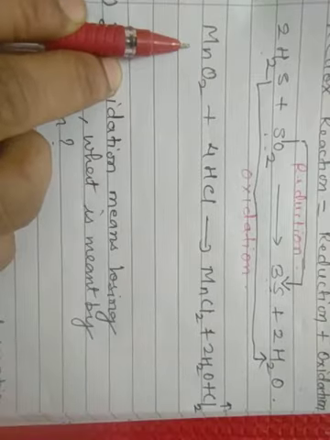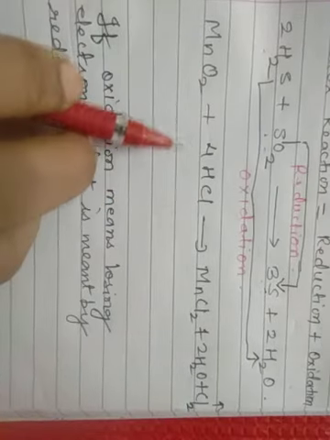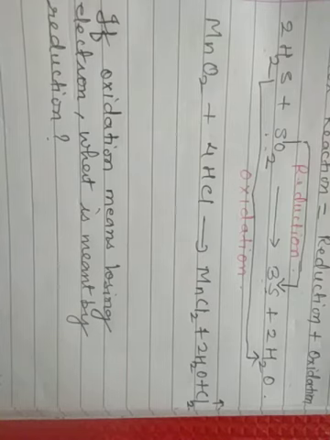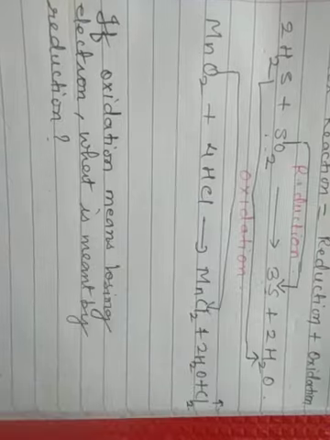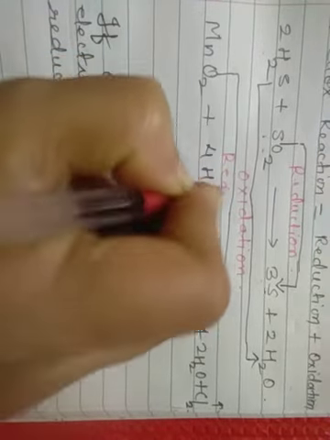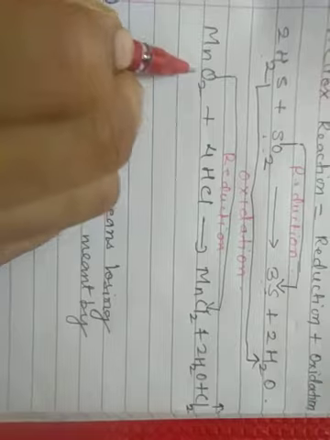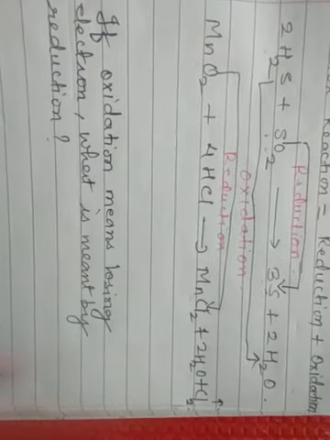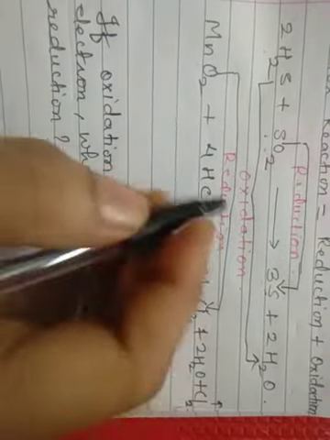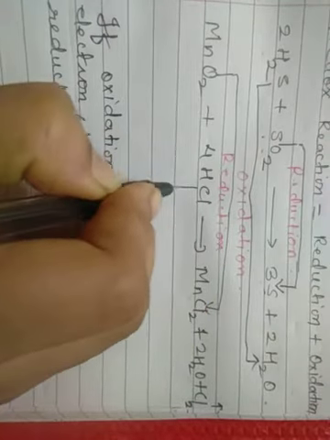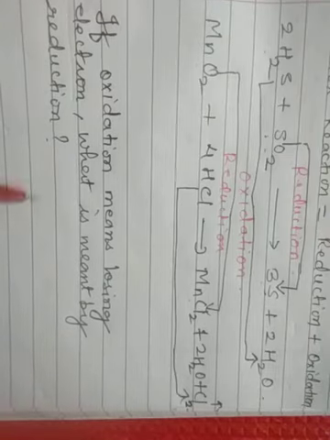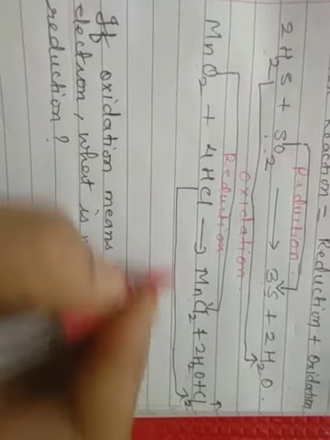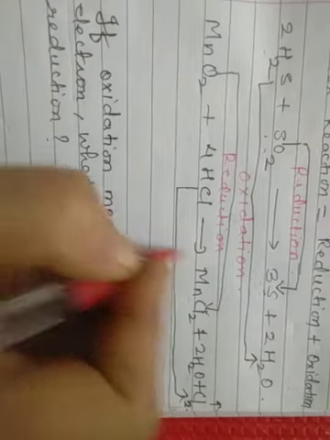Let us now take another example. In this case, let us see who is getting oxidized and who is getting reduced. MnO2 gets reduced to MnCl2. Manganese dioxide is getting reduced to MnCl2, whereas hydrochloric acid is forming chlorine here, so this is getting oxidized.